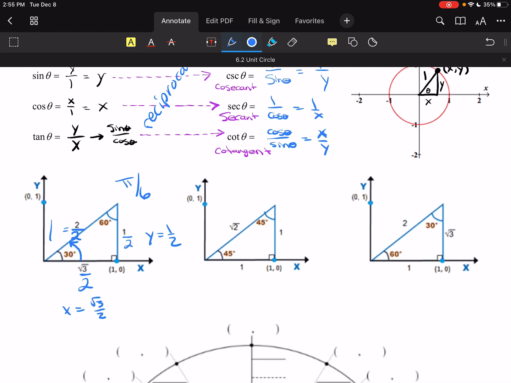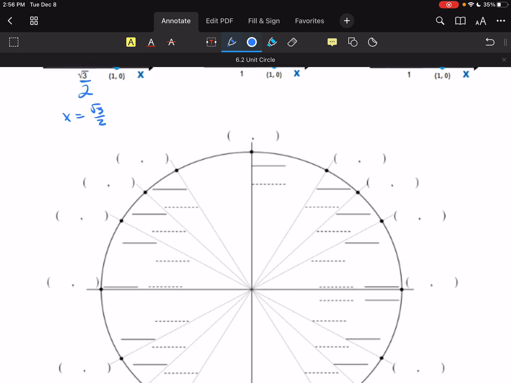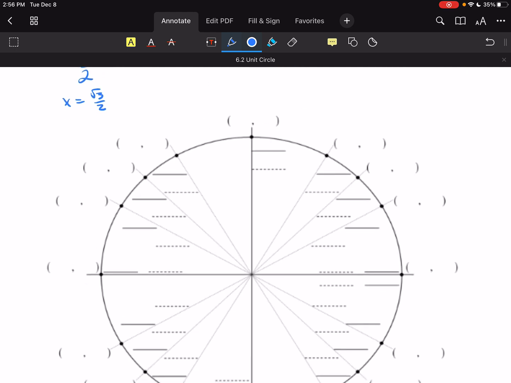So looking at my unit circle, I'm going to start with 0 degrees, right? And that has an x length of 1, my radius, and a y distance of 0. So there's the ordered pair for that point. 0 degrees is the same as 0 radians.